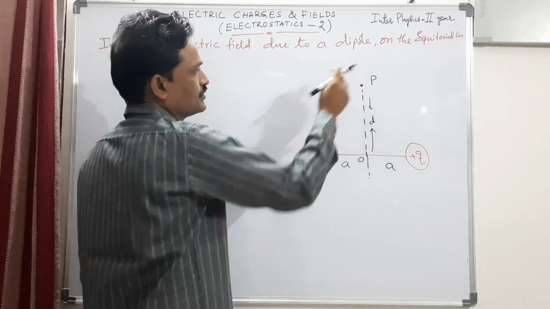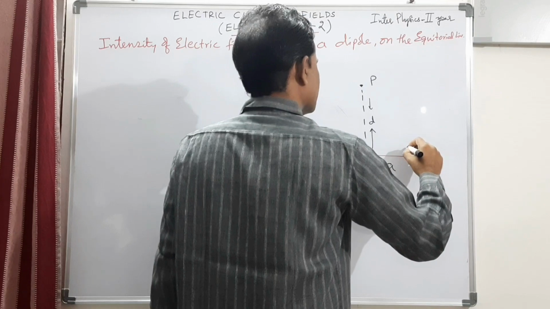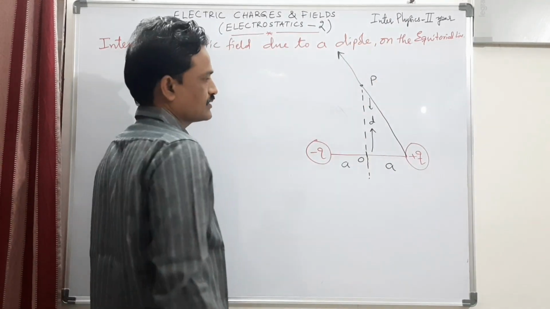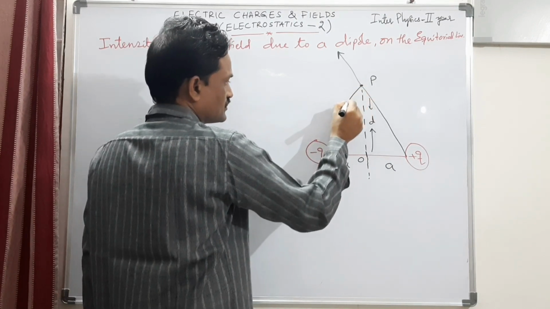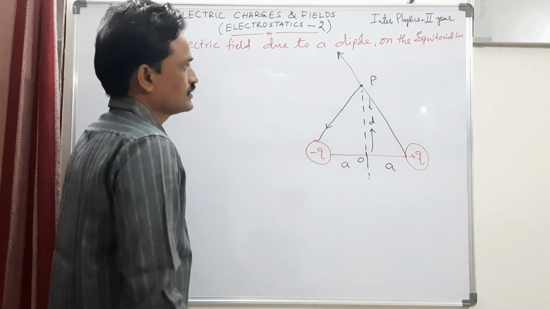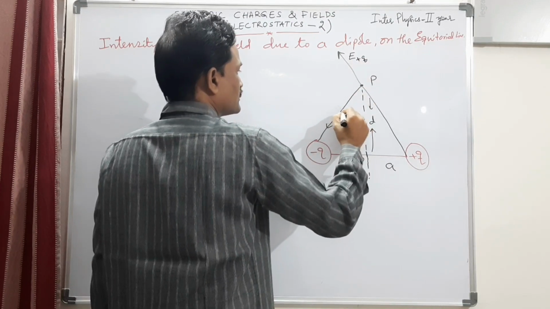So when I place a unit positive charge, the plus Q repels the positive charge, so it is repelled in this direction, and the negative charge attracts the unit positive charge, so it is attracted towards this. So this is due to E plus Q, and this is due to E minus Q.